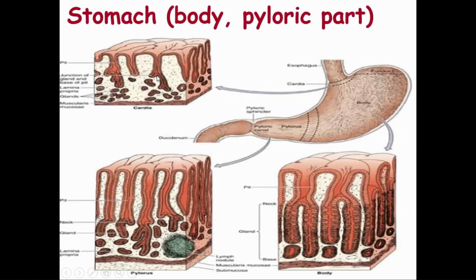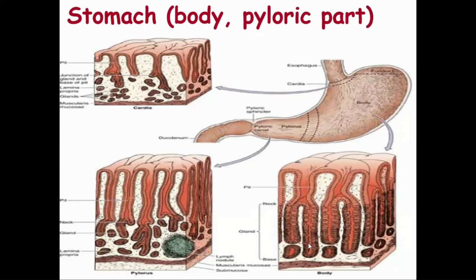In the cardiac region, cardiac glands are present. In the body and the fundic part, they are named the gastric glands. These gastric glands are lined mainly by three types of cells. One is the mucous neck cells near the pit. Near the base, it is lined by the chief cells or the zymogen cells.